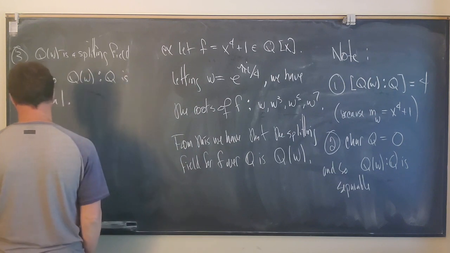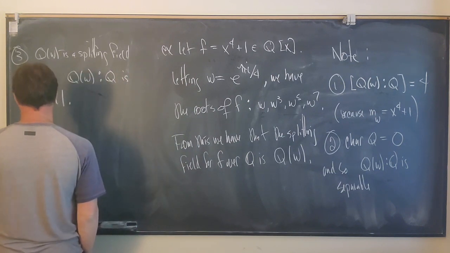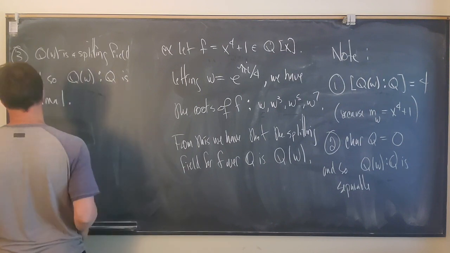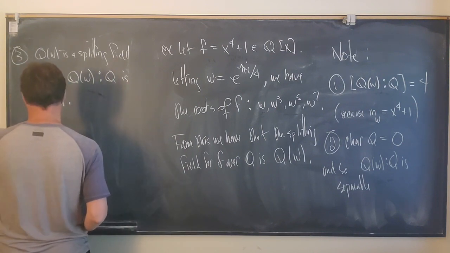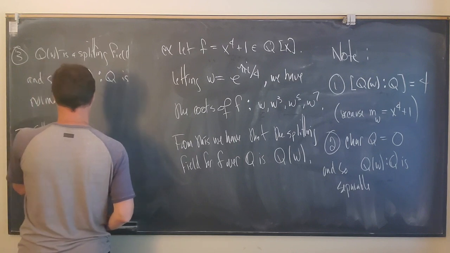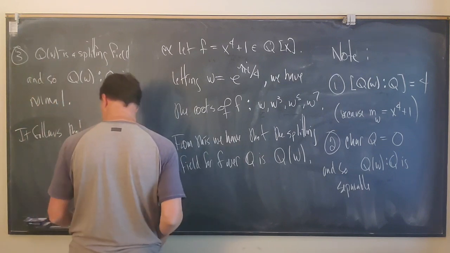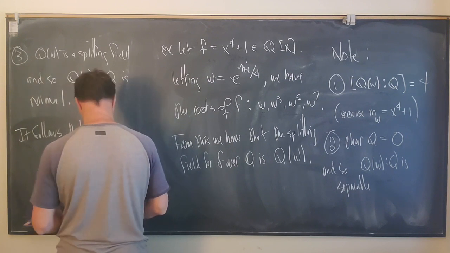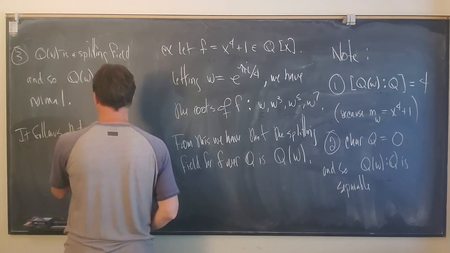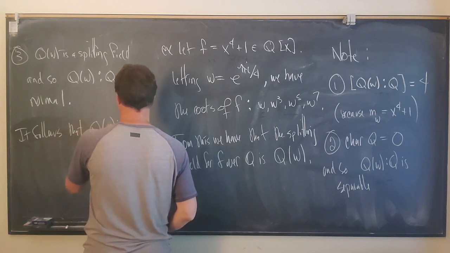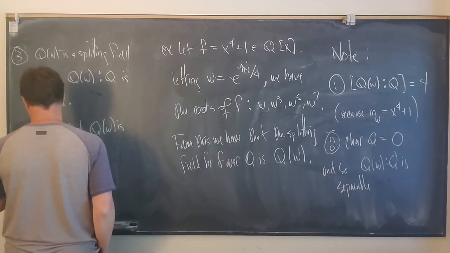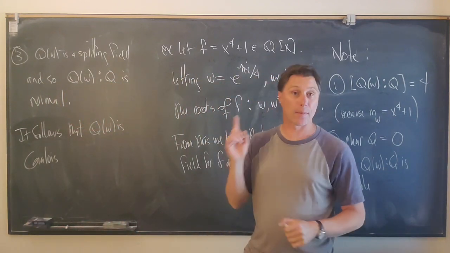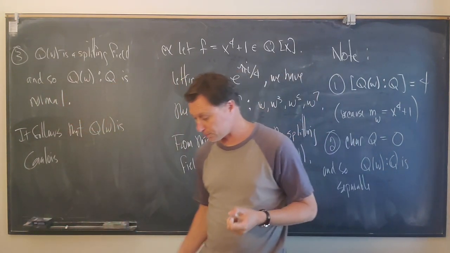It follows that Q(omega) is Galois. That's the definition of a Galois extension, right? Remember, that's one that's finite, separable, and normal.